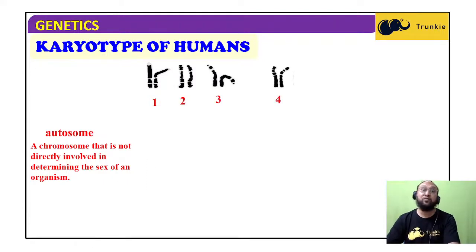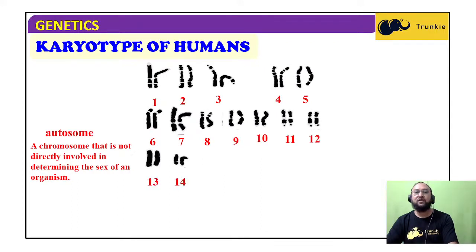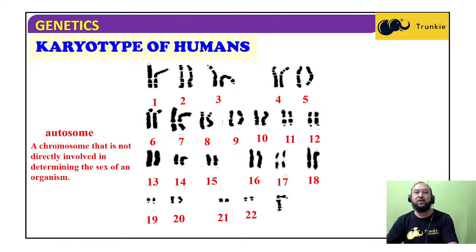I told you there are 23 pairs: 1, 2, 3, 4, 5, 6, 7, 8, 9, 10, 11, 12, 13, 14, 15, 16, 17, 18, 19, 20, 21, 22, and 23.